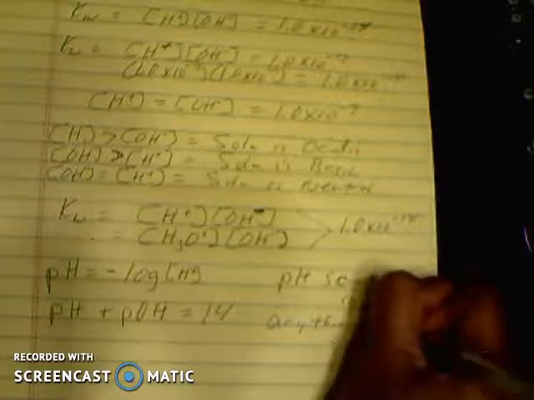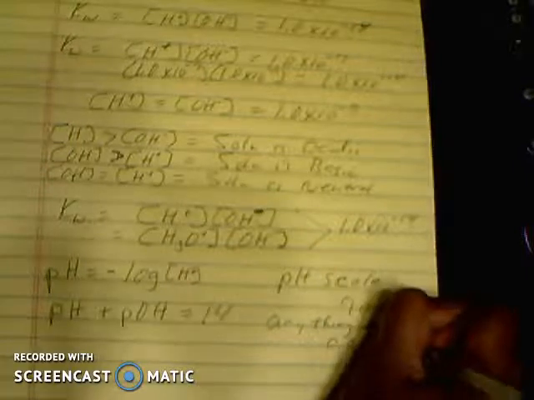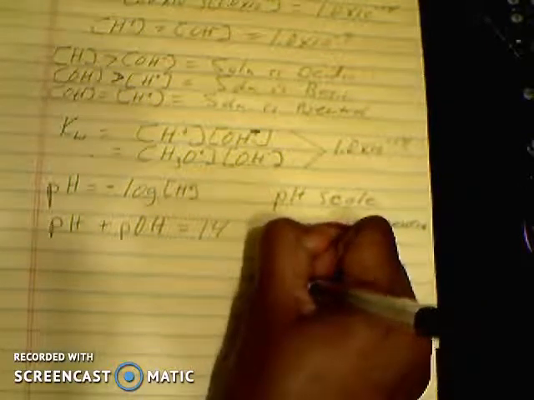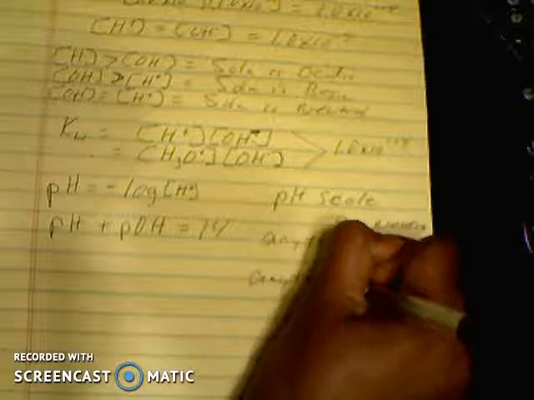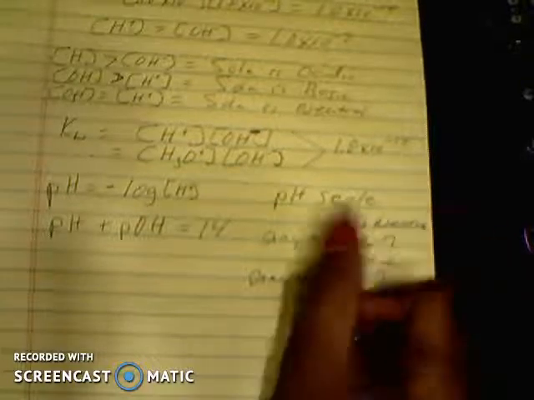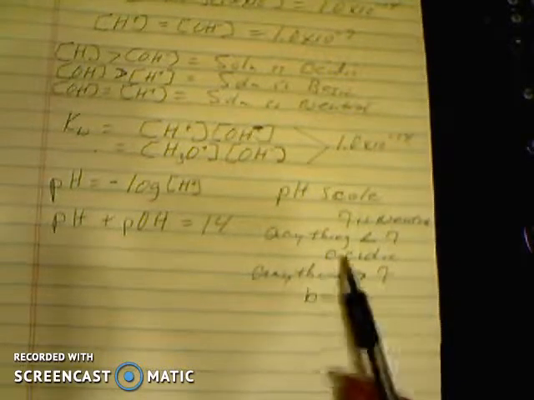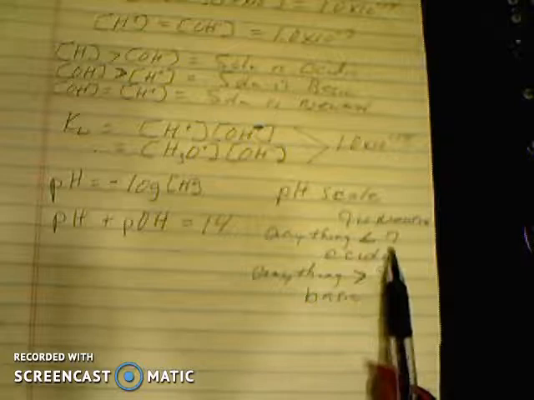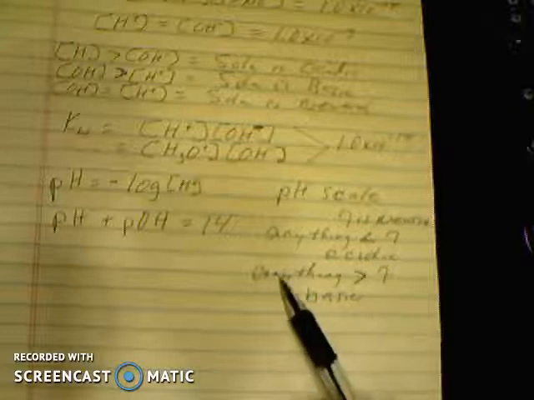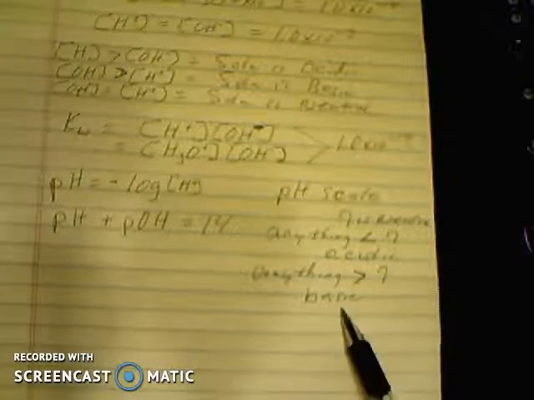Anything greater than 7 will be considered basic.